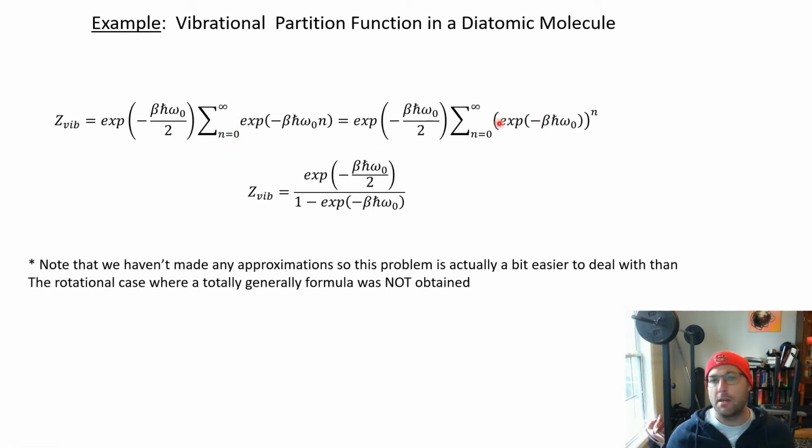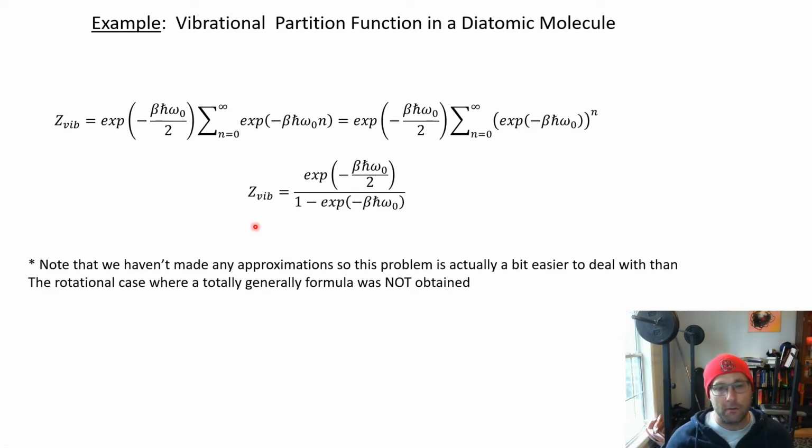We've got e to the minus beta h bar omega naught raised to the nth power, and we use the geometric series to evaluate the sum so that you get this thing we factored out in the numerator, and then the denominator is just 1 minus the r factor, so 1 minus e to the minus beta h bar omega naught. And that's the partition function for the vibrational levels. Full stop. No approximation made. All we had to do was remember that special formula for the geometric series.